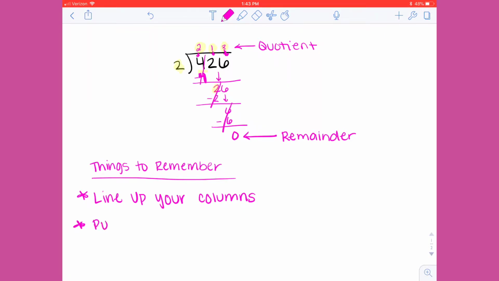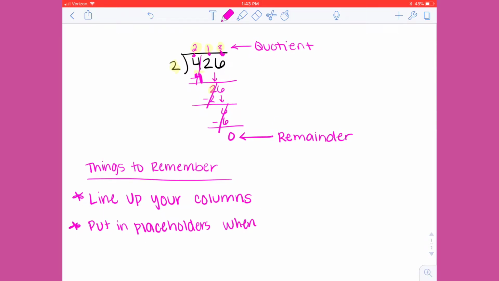You're going to want to put in placeholders, and that's not going to make sense right now, but we'll have an example where it does. But you want to put in placeholders when necessary.